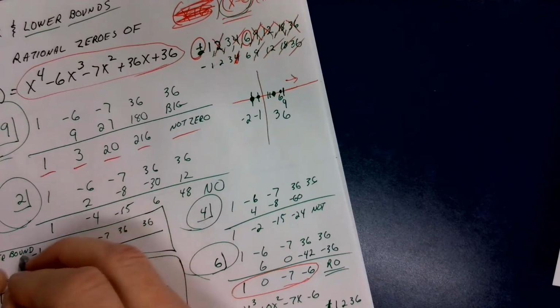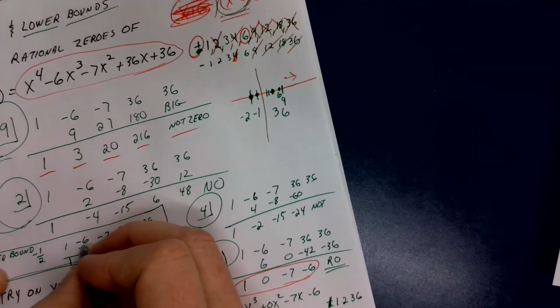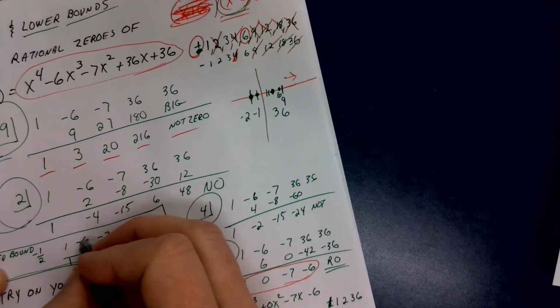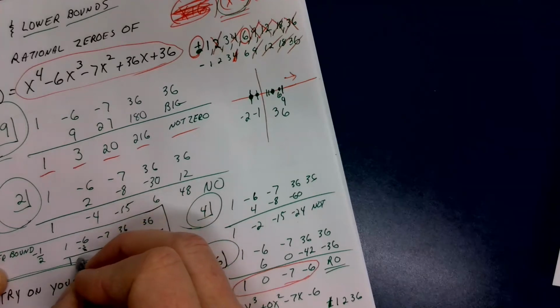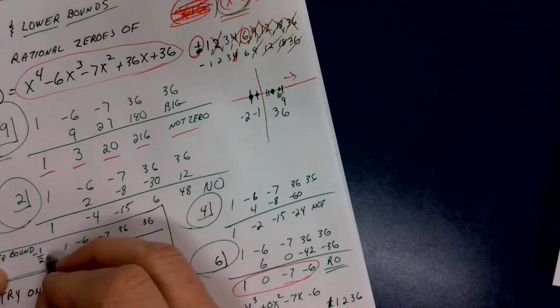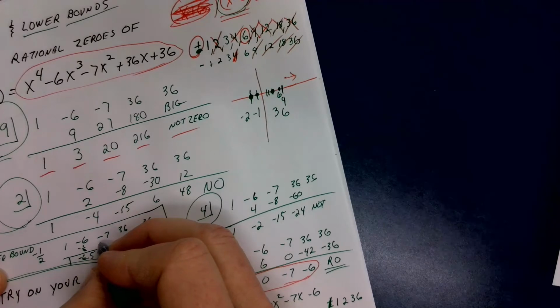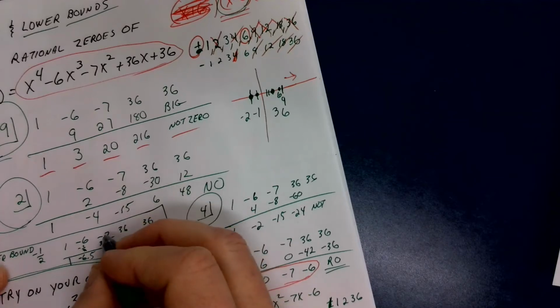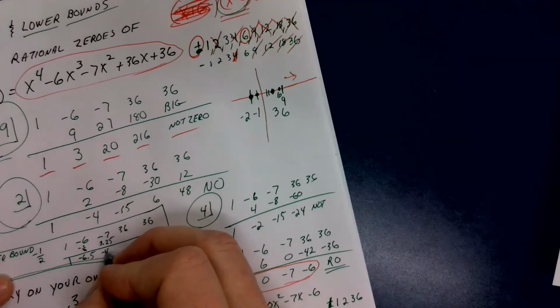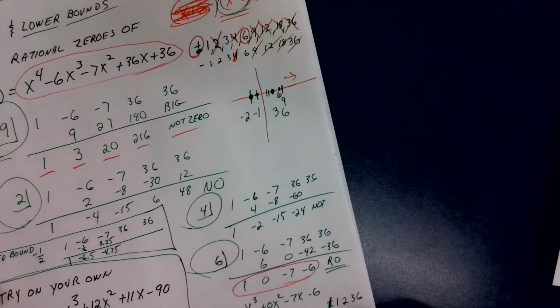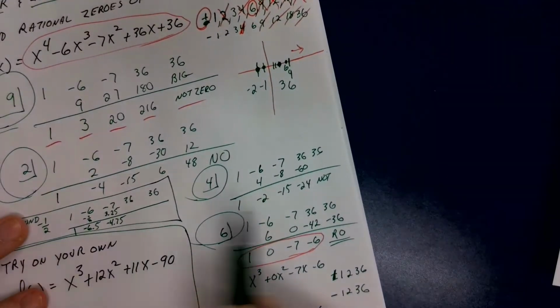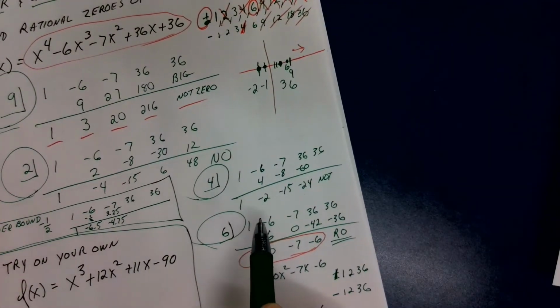So bring the 1 down. 1 times negative a half is negative a half, right? And negative 6.5 times negative a half is positive 3.25, and that's negative 4.75, and that's all I need to check right now, okay?